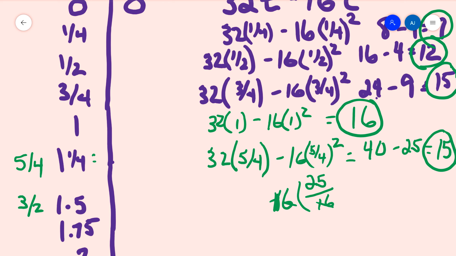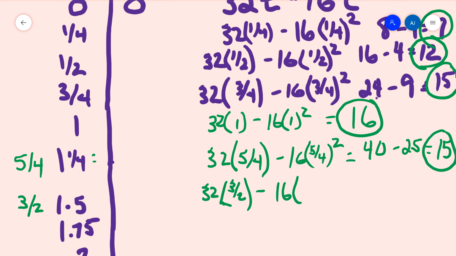Okay, and erase this. And now I'm moving on to 3/2. So I've got 32 times 3/2 minus 16 times 3/2 squared.